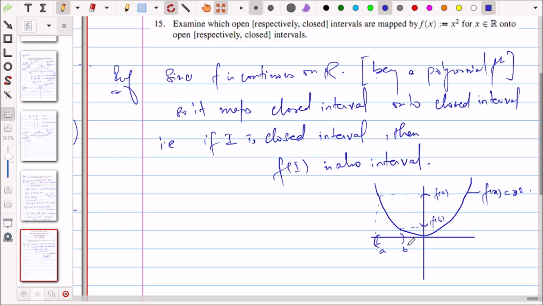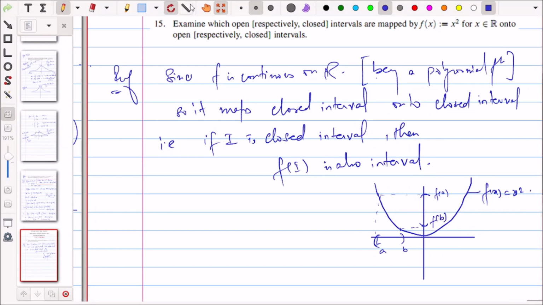But now if I take any interval around 0, then what is happening?